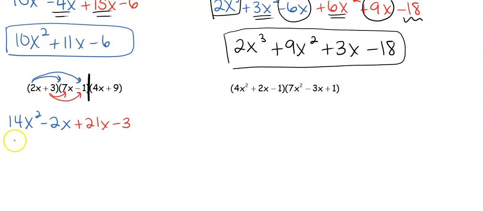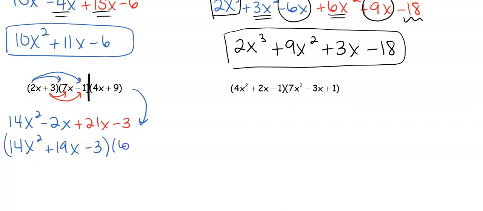I combine those like terms together to get 14x squared plus 19x minus 3. So this is the result of multiplying these first 2 binomials together.